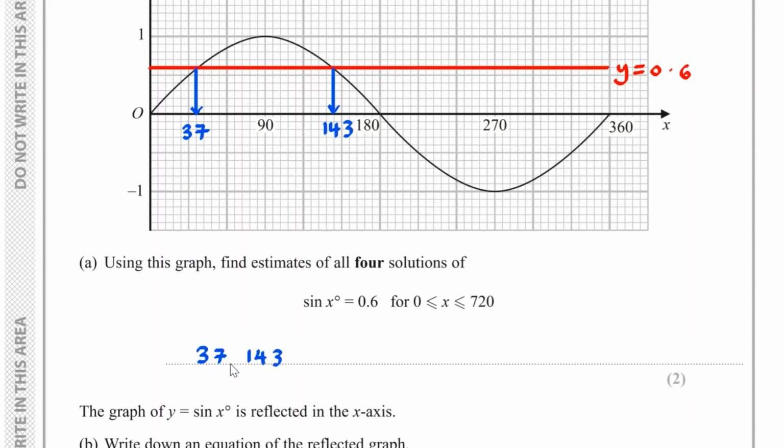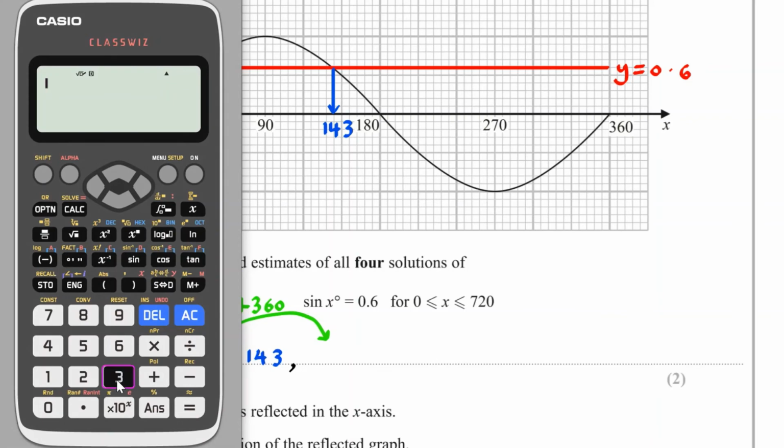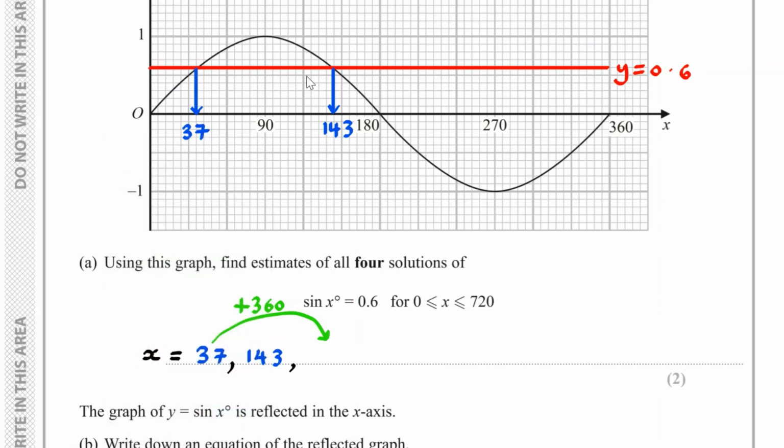But what we need to recognize is sine repeats every 360. So we need to add on 360 to these values. So to find my next value, I need to add on 360 and if I do that, 37 plus 360 is 397.